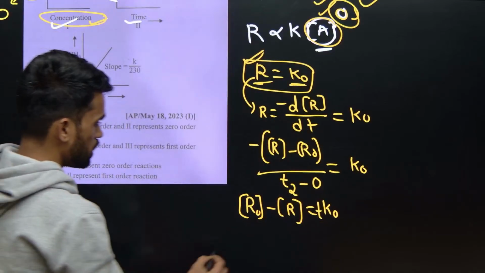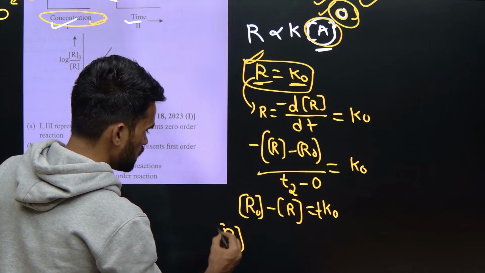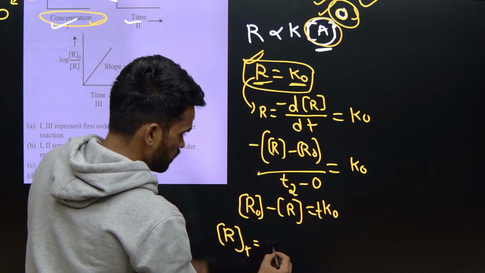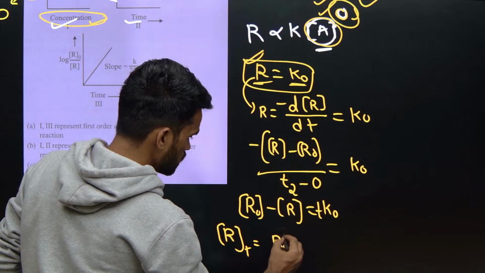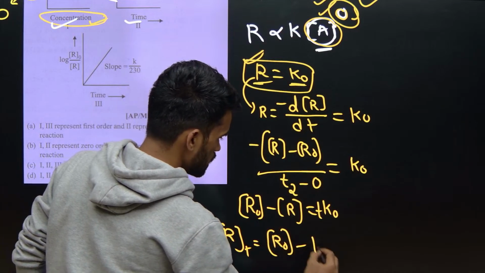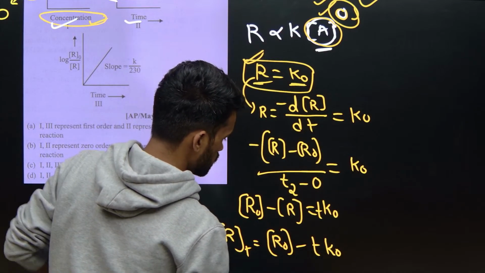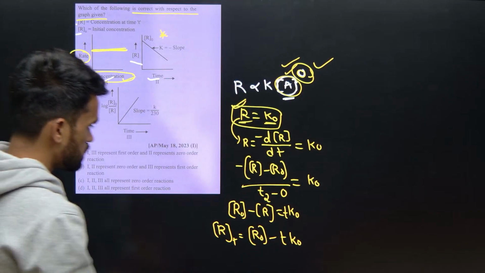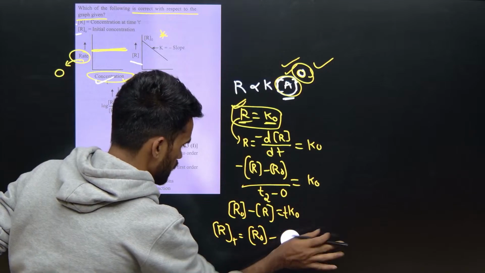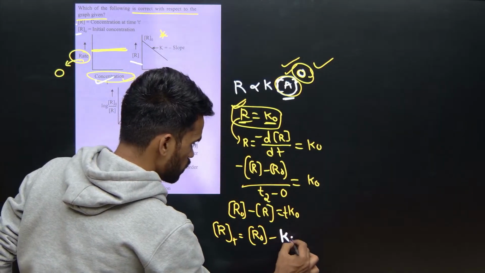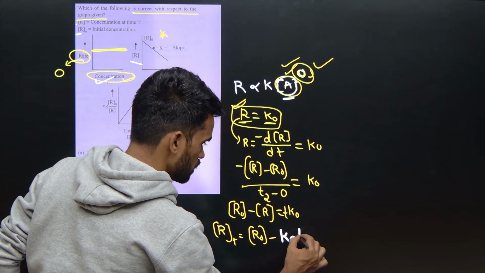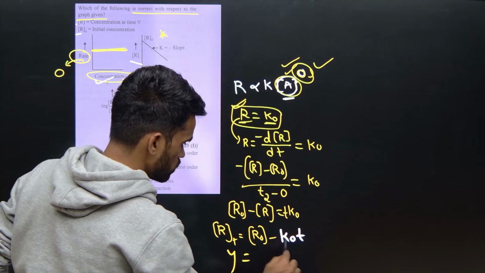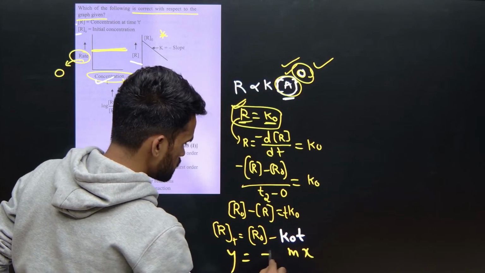So from here, concentration at time t will be equals to R naught concentration minus t k naught. From this we can expect a graph in this manner. This is something like a y equals mx plus c graph again. Y is equals to, this is mx, this is plus c.